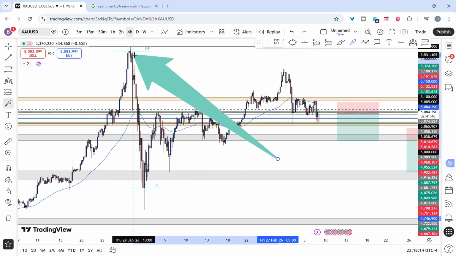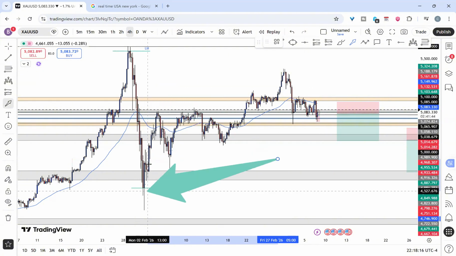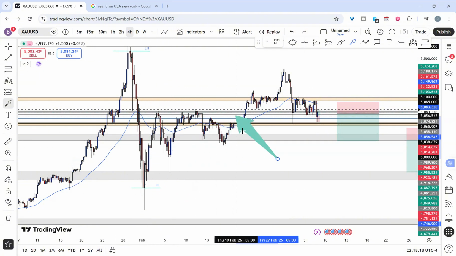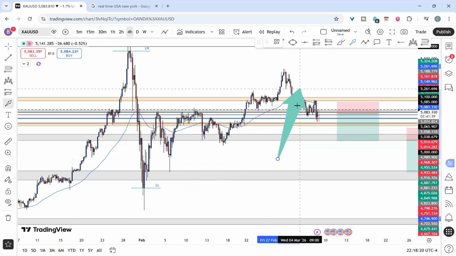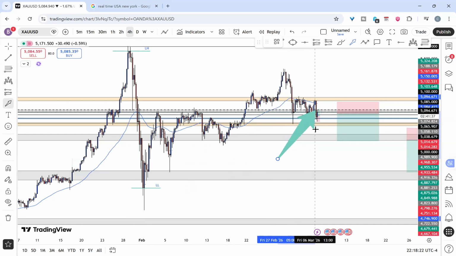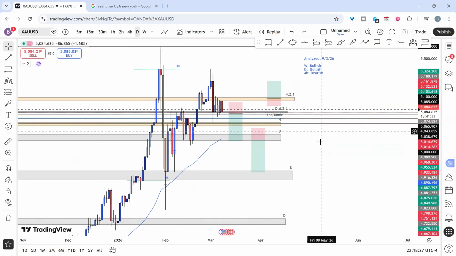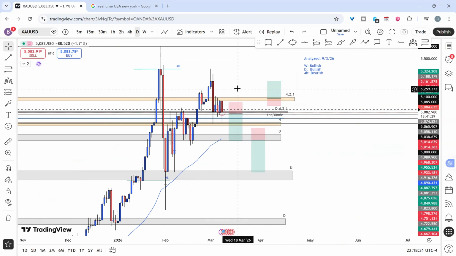And as long as the lower high, lower low is still inside the long bar, it is still considered a bearish trend. And this is also the same thing with the daily time frame. As long as the bearish downtrend is in between right here, it is still considered a bearish trend.